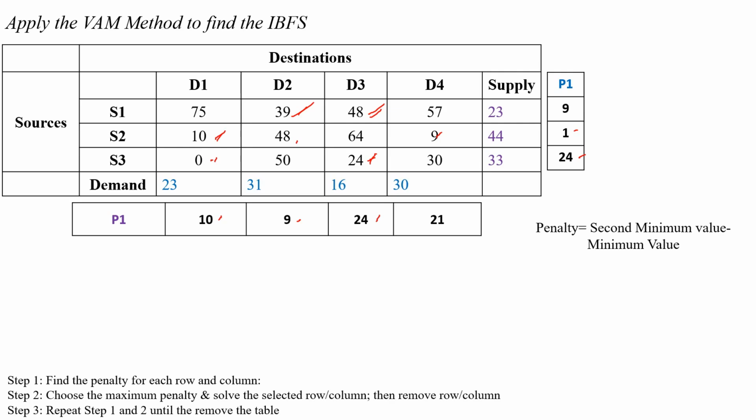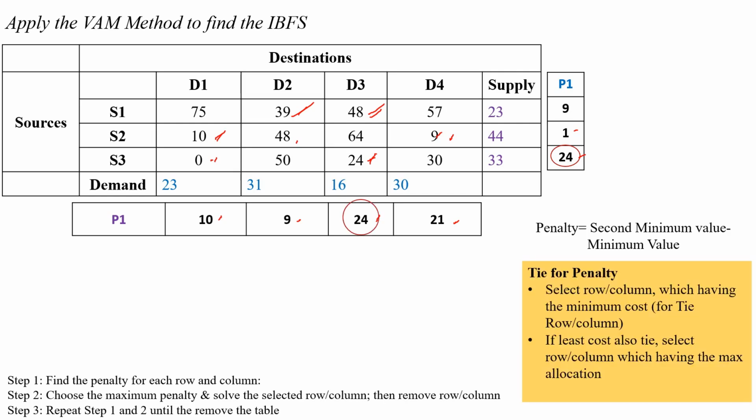Similarly, in the D4 column the minimum value is 9 and the next minimum value is 30. So the penalty is 21. Next, choose the maximum penalty. Here the maximum penalty is 24 for the S3 row and also for the D3 column.